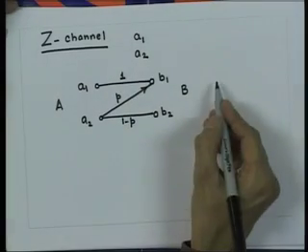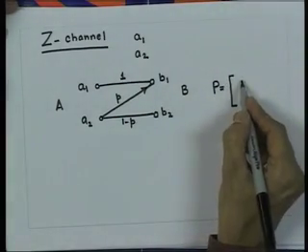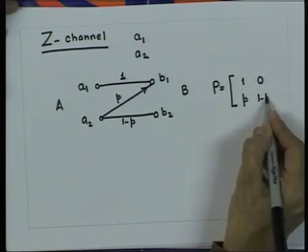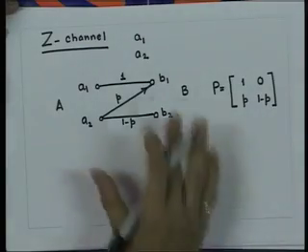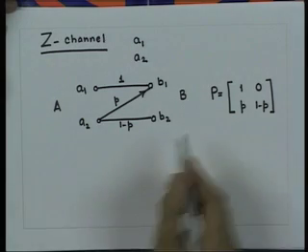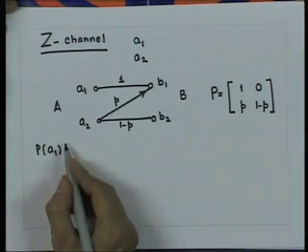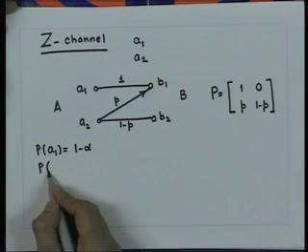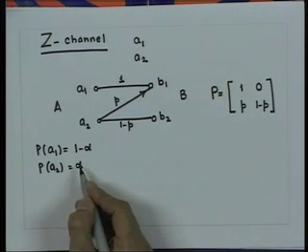So, the channel matrix for this channel is denoted by 1, 0; P, 1 minus P. Let us determine the channel capacity for the Z channel with the assumption that the probability of A1 is equal to 1 minus alpha and the probability of A2 is equal to alpha.